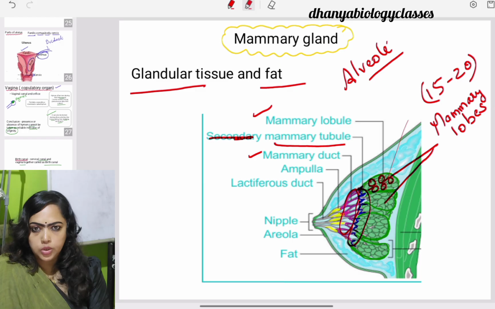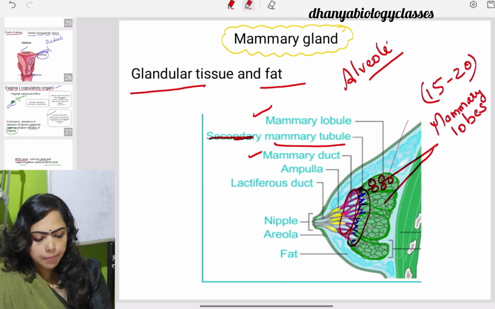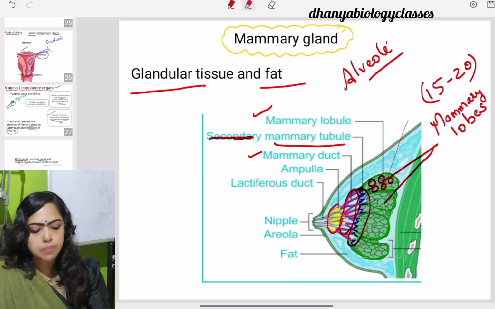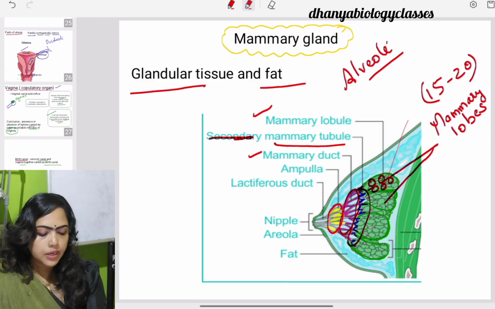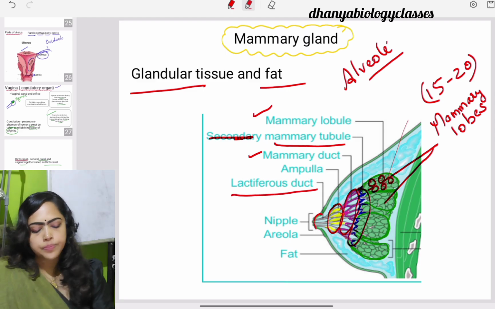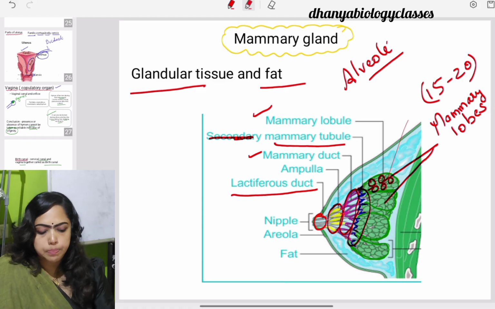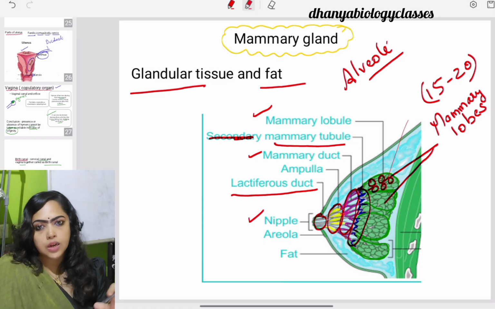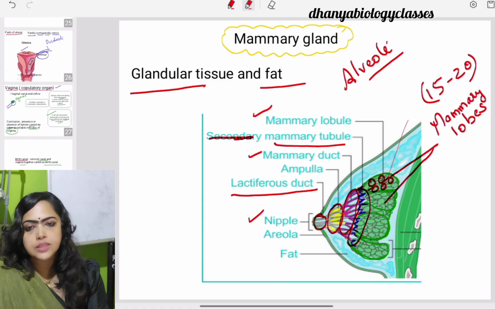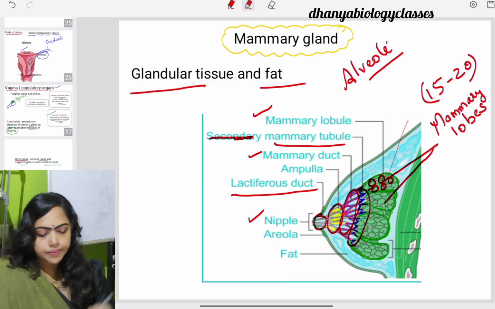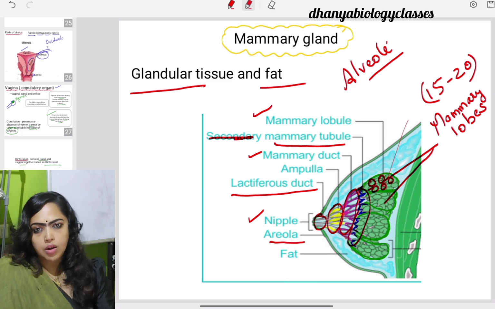Then the milk is transported to another part called the mammary ampulla. And finally it will be taken by the lactiferous duct, which opens to the nipple area, and the nipple is surrounded by a dark area, and that is called as areola. Okay. So this is about the anatomy of the mammary gland.